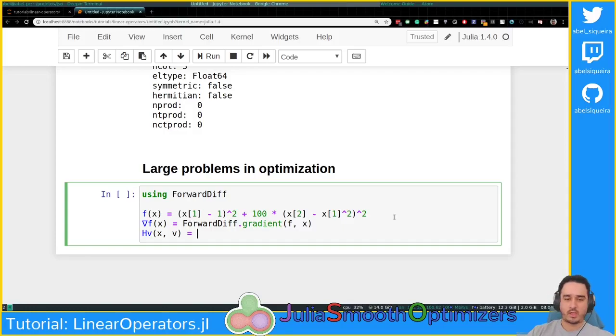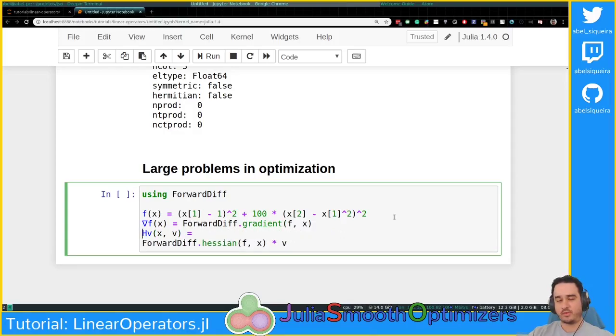It could be defined as the Hessian of f times v, but since I already have the gradient here, there's another way to define this.